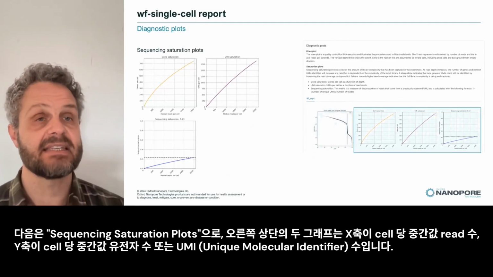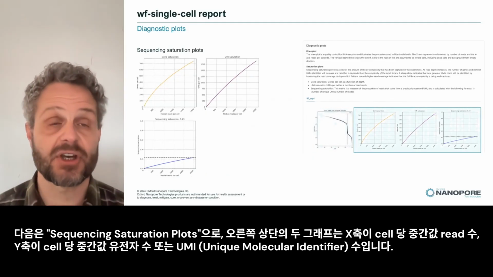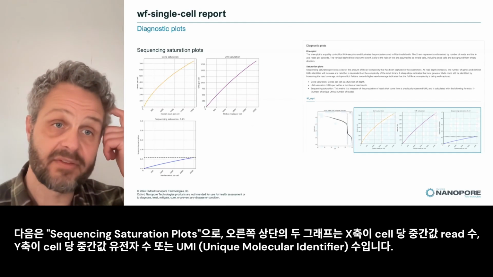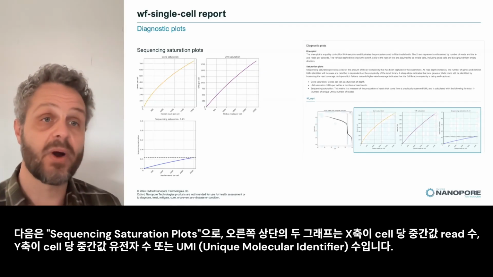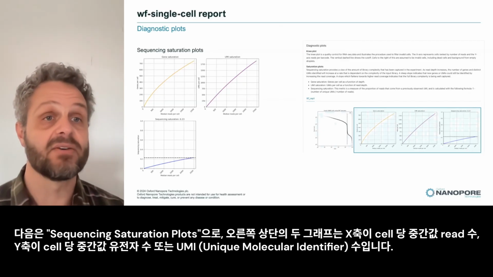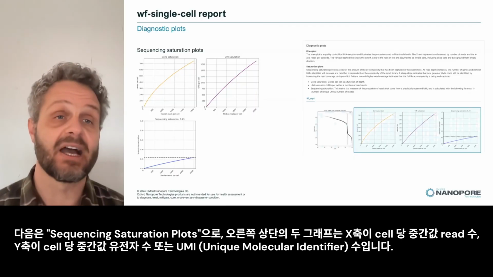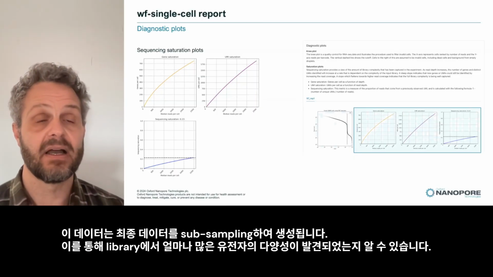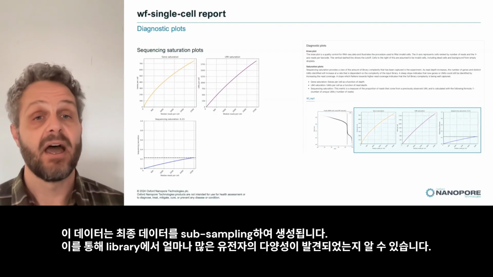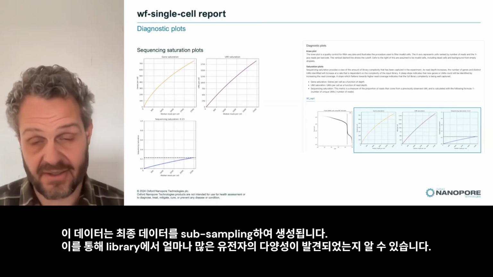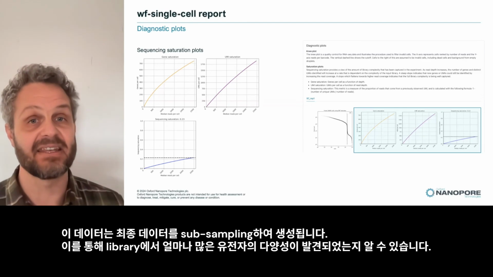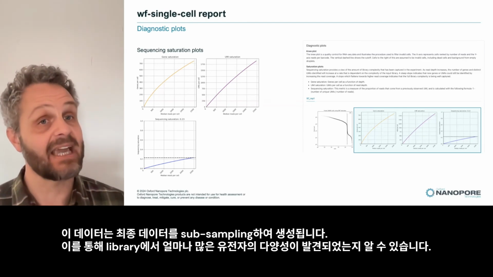We also have the sequencing saturation plots. On the top two plots, on the x-axis, we have the median reads per cell, and on the y-axis we either have the median genes found per cell or the median UMIs per cell. This data is generated by taking the final data and subsampling it. What this gives you an idea of is the amount of complexity in the library that has been captured.